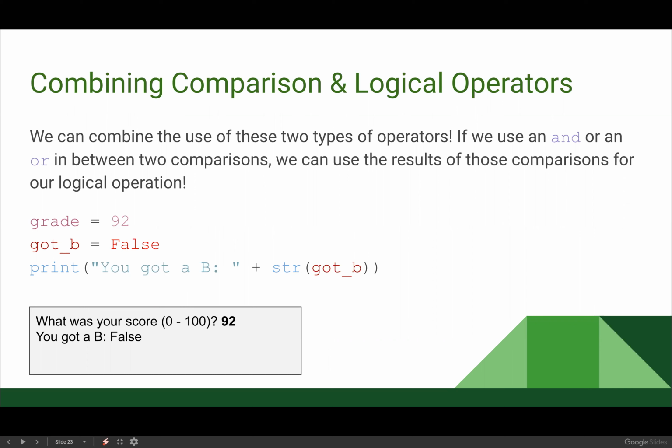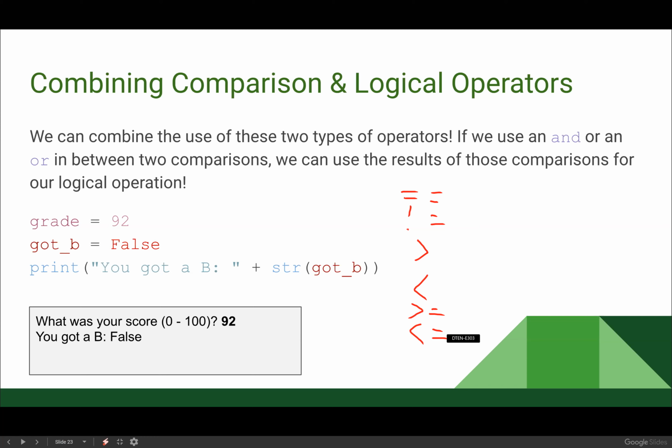All right, so we have talked now about using comparison operators with numbers. Which of our six do you think will work with strings, with words? So let's list them out again. Equals equals, not equals, greater than, less than, greater than or equal to, less than or equal to.